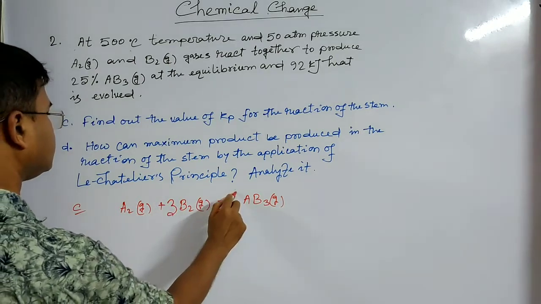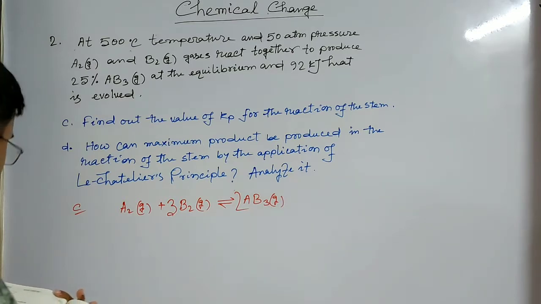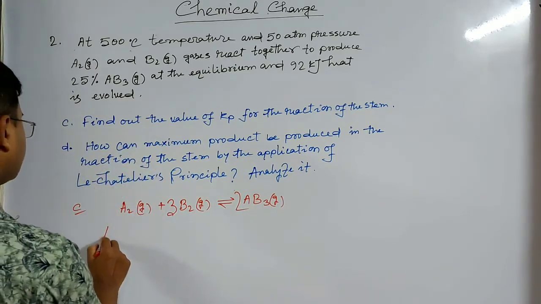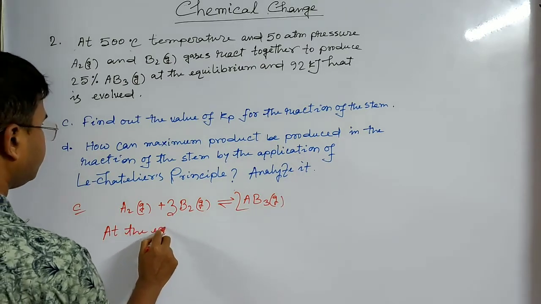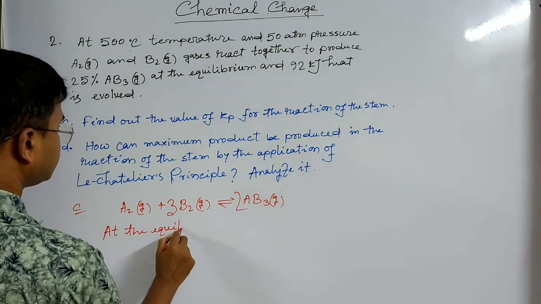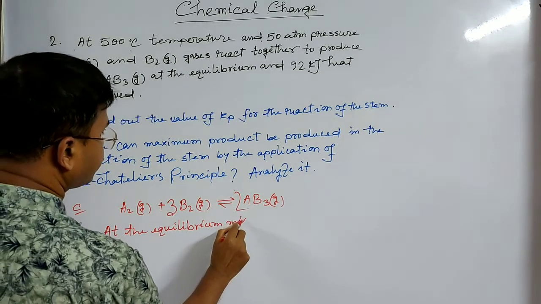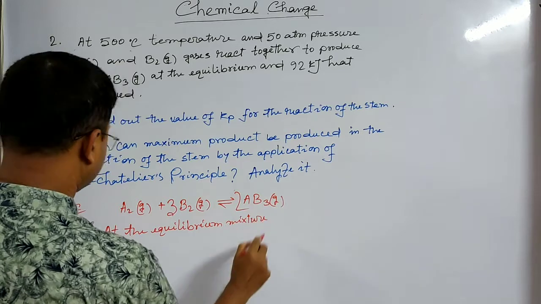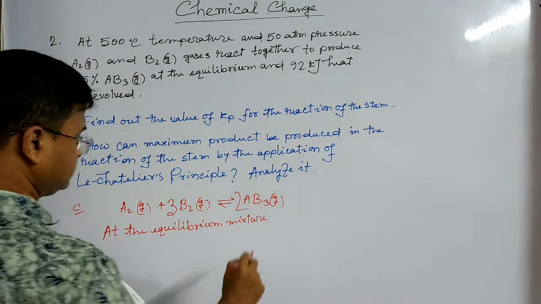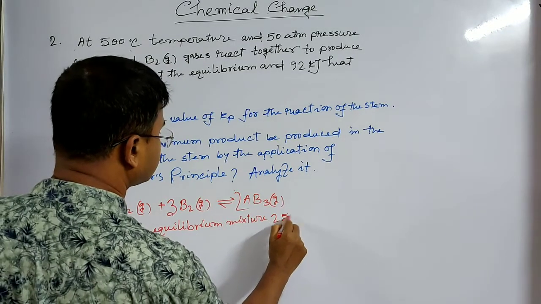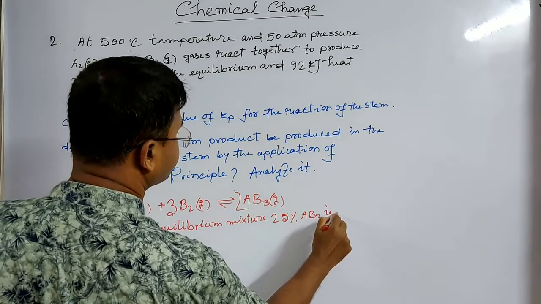So this is the balanced reaction, and according to the stem, at the equilibrium mixture, 25% AB3 is produced.